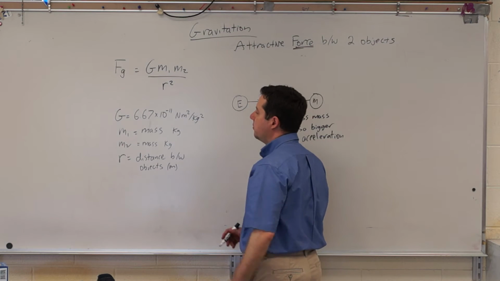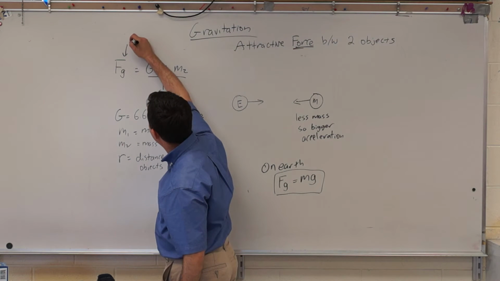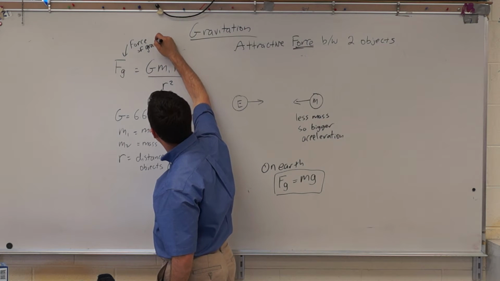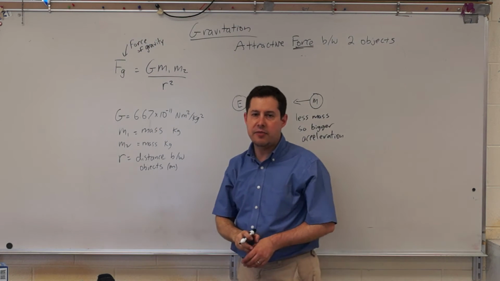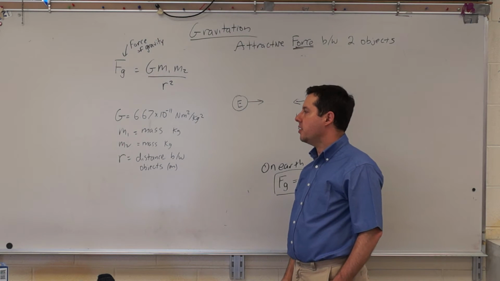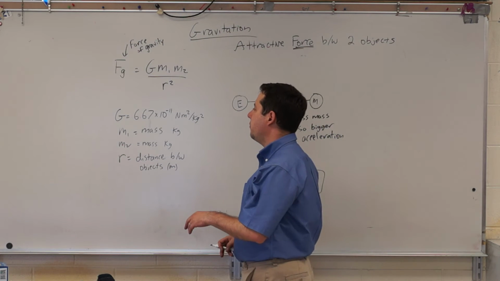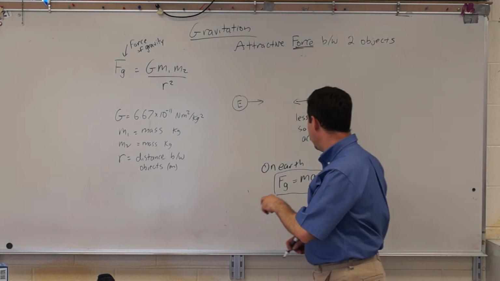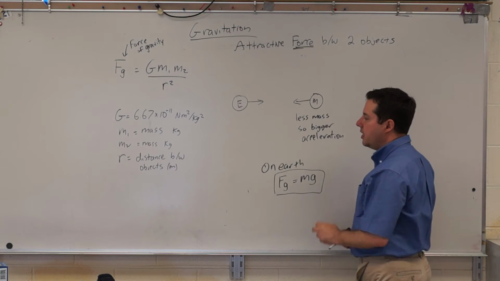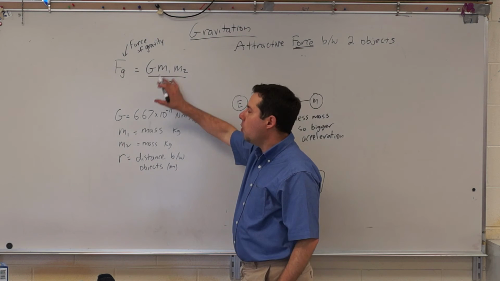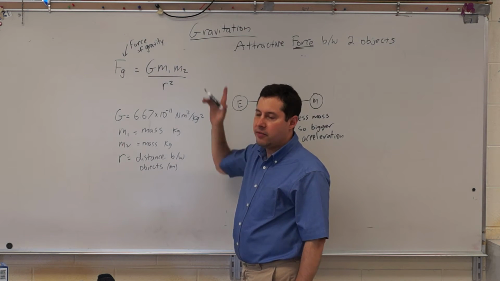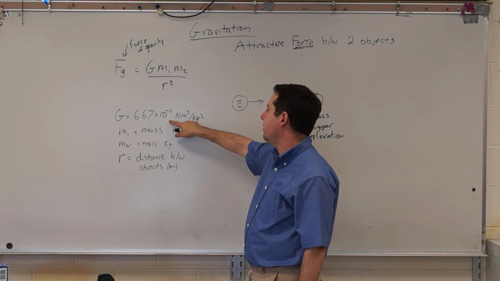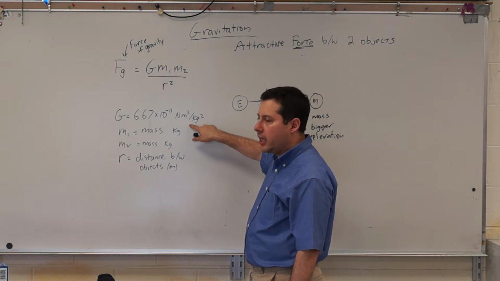F sub g is the force of gravity. And we see that the force of gravity depends on a few different variables. G, this is a big G. This is different than the little g here. This big G, which you're really only going to use for this equation, is the first thing you'll see on the reference table, 6.67 times 10 to the negative 11th newtons meters squared per kilogram squared.